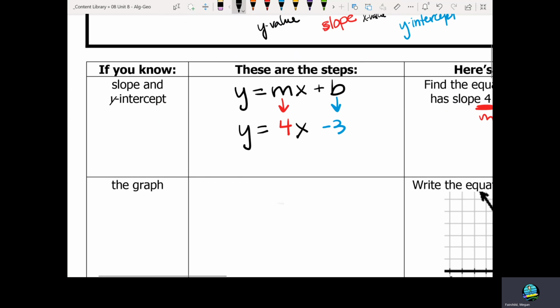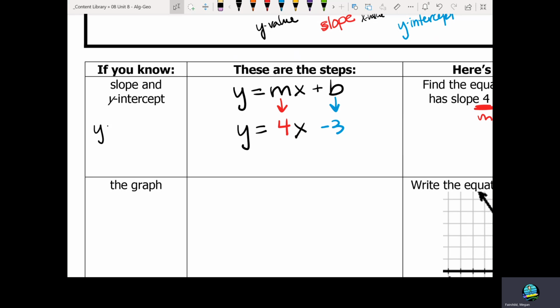The number next to the x is the slope. So if I gave you another example and I said y equals negative 1/2 x plus 7, what's the slope of that line, Jeremy? Negative 1/2 is the slope. Okay? And understand that when I say negative 1/2, that's the same as negative 1/2 or 1/2 negative.